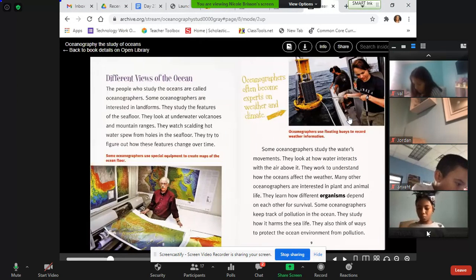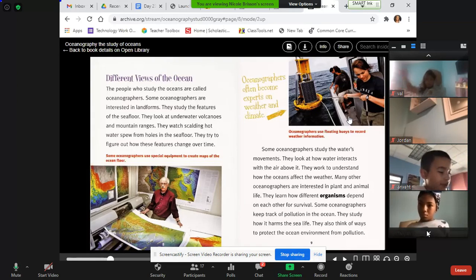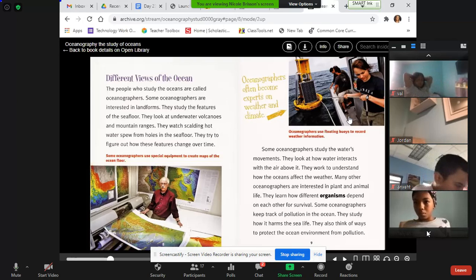Some oceanographers study the water's movements. They look at how water interacts with the air above. They work to understand how the oceans affect the weather. Many other oceanographers are interested in plant and animal life. They learn how different organisms depend on each other for survival. An organism is an animal.